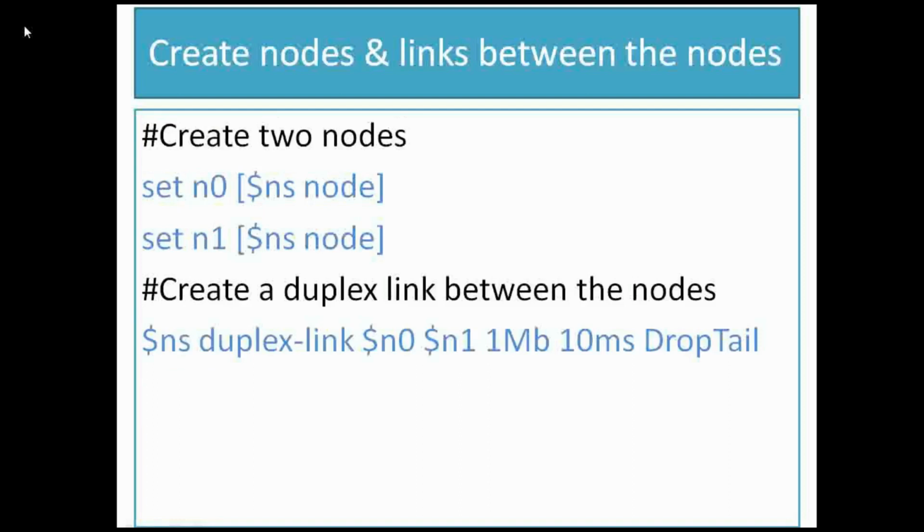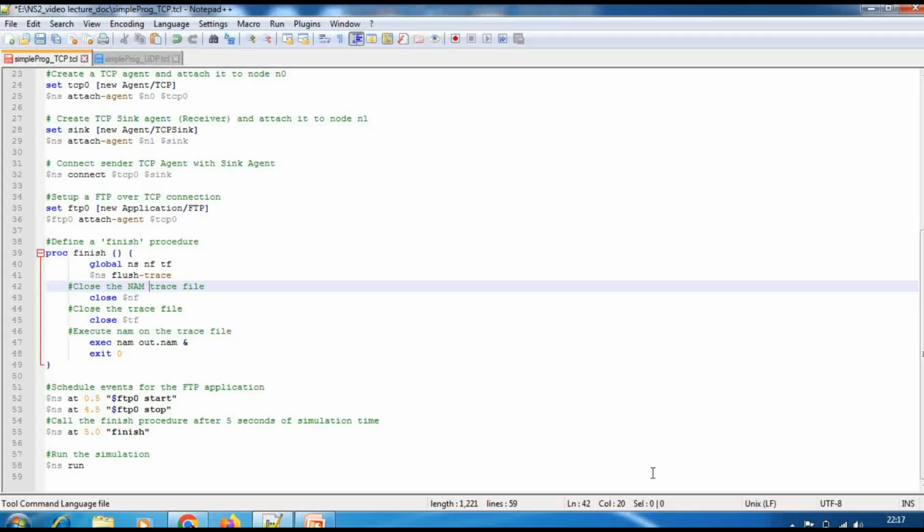Now, how to create nodes and how to create the links between the nodes. Here I have taken a very simple example. I am creating only two nodes, n0 and n1. So here we are creating two objects, one is n0 and another is n1.